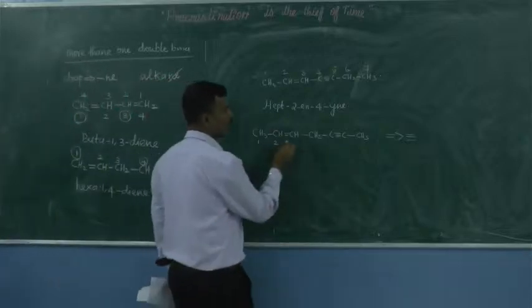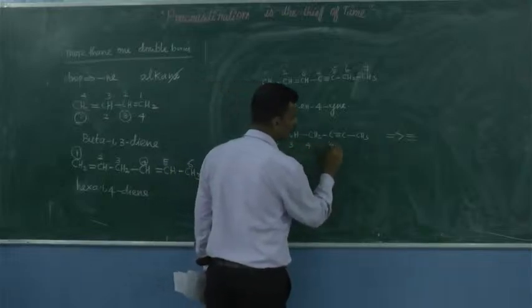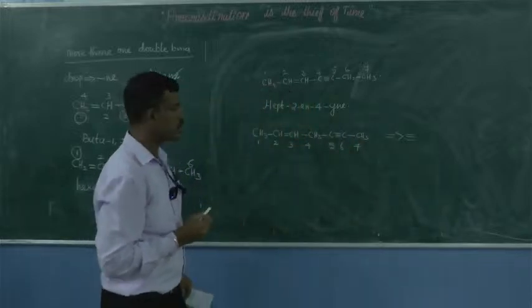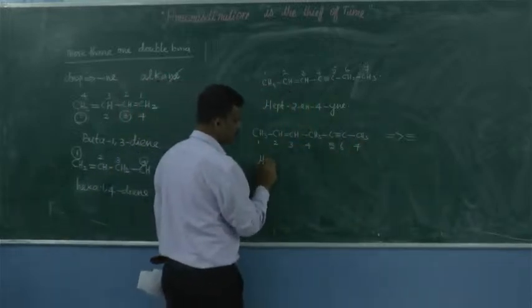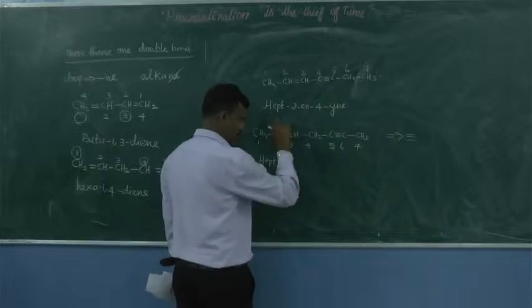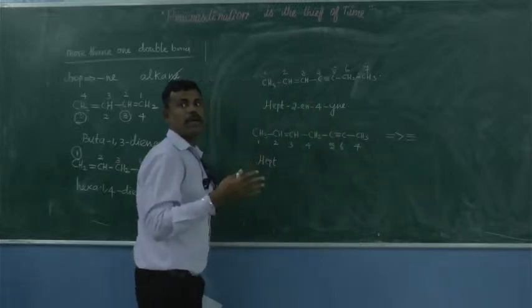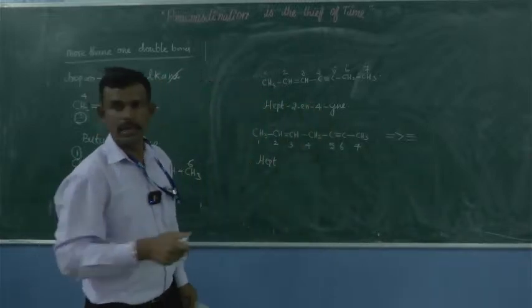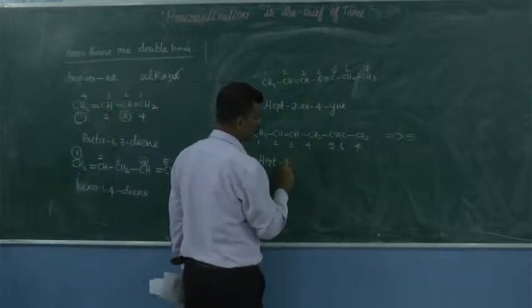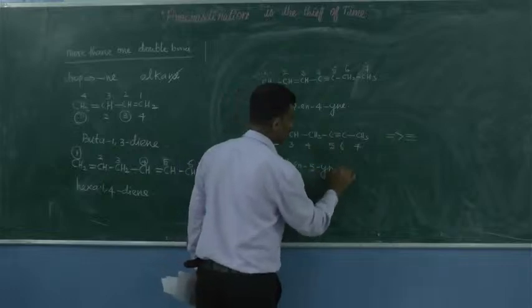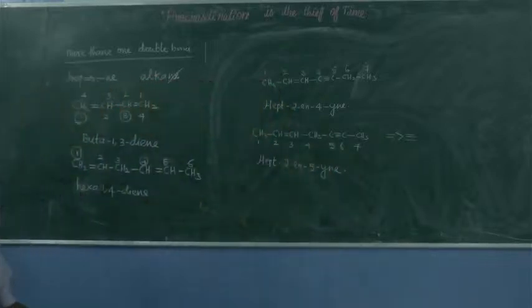Total number of carbons: 3, 4, 5, 6, 7. Is it clear? Seven again, so the root word is hept. Double bond and triple bond, you have to end with 'yne'. 'En' starts at 2, 'yne' starts at 5.